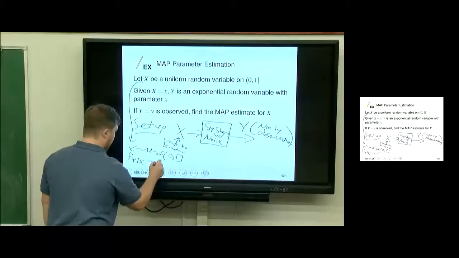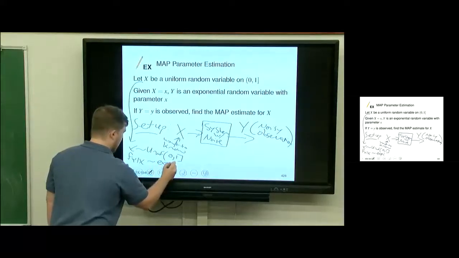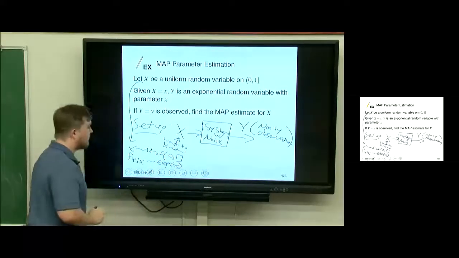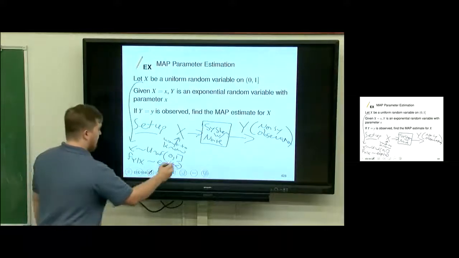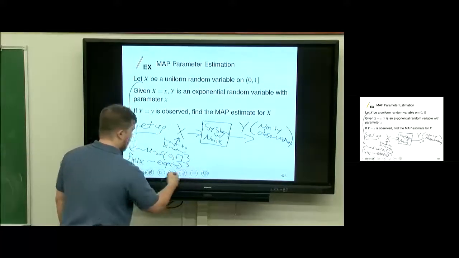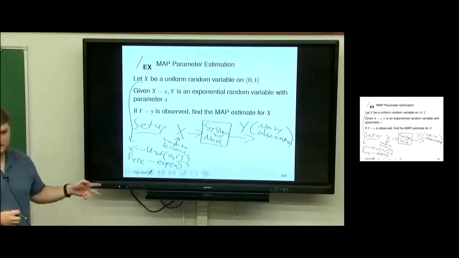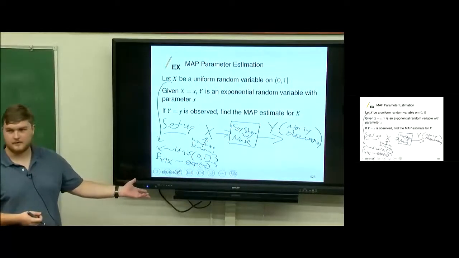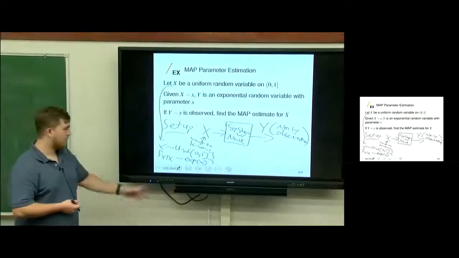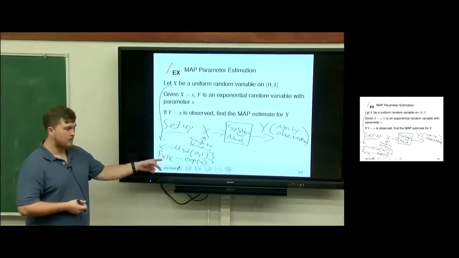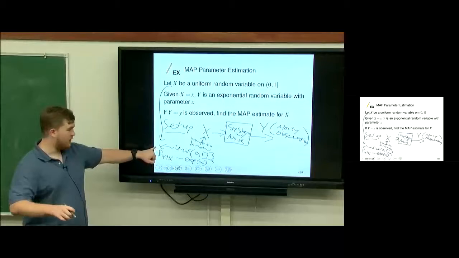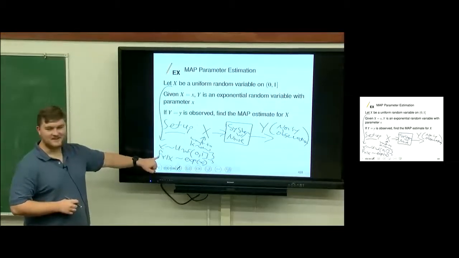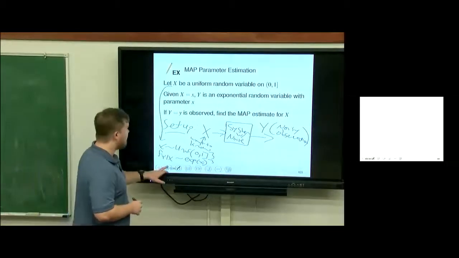This is distributed exponential with parameter little x. But what are these guys? Each of these. Based on our vocabulary, what would we call these? What is the a priori? Likelihood. Yes, the prior and the likelihood. So we're going to use those.